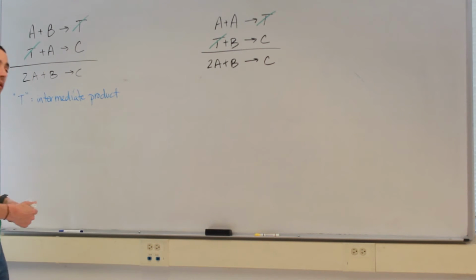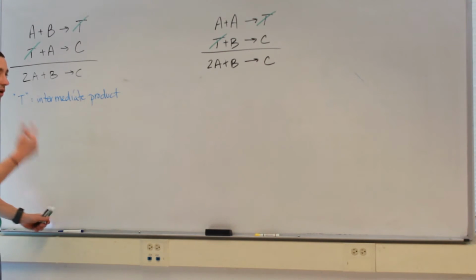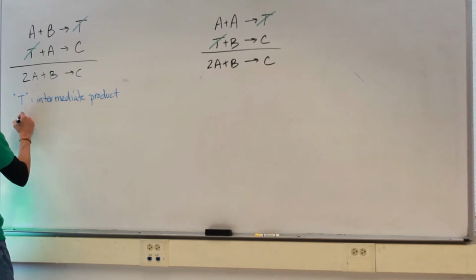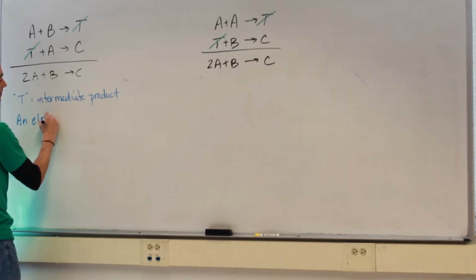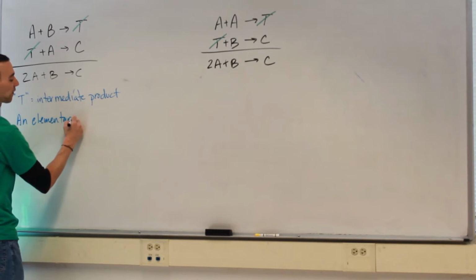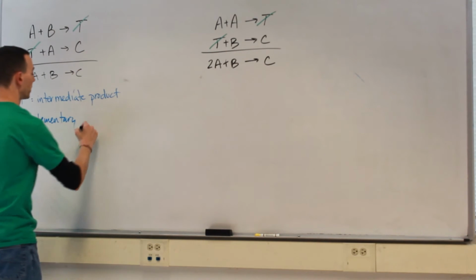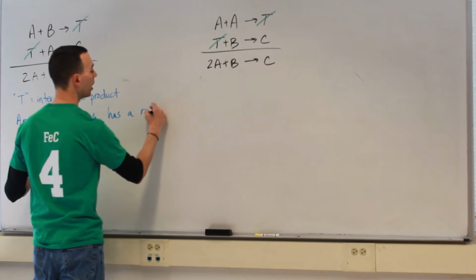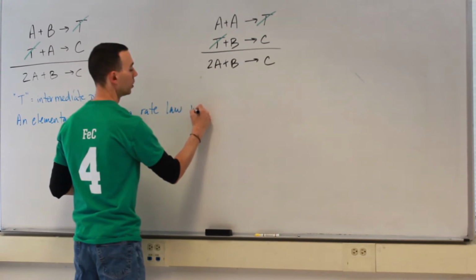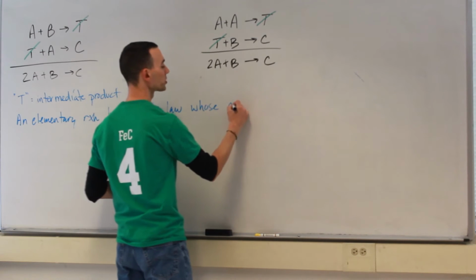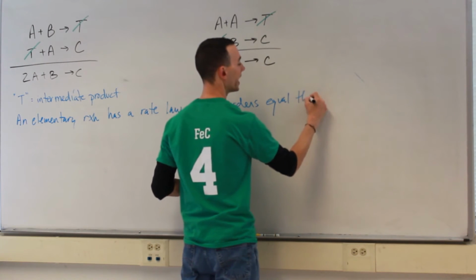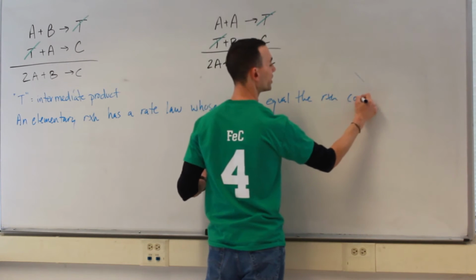The next thing that we need to do to get to our ultimate outcome here for our kinetic understanding is to know that an elementary reaction, like these 4 that I have written up here, has a rate law whose orders equal the reaction coefficients.